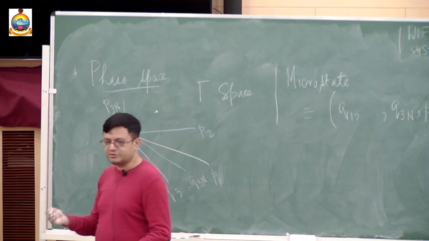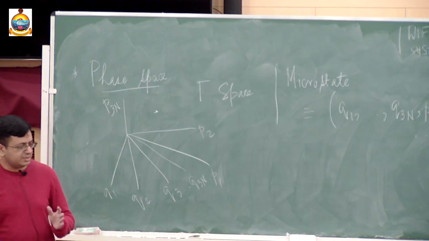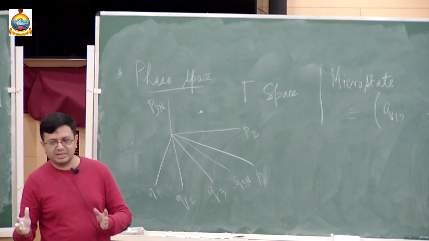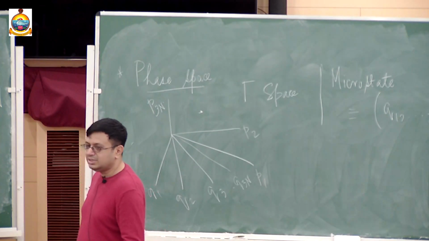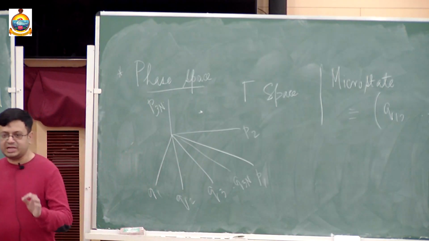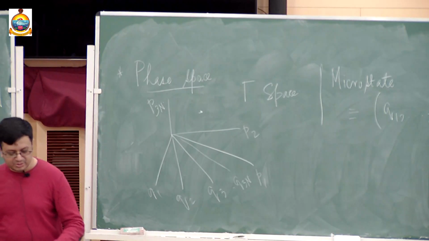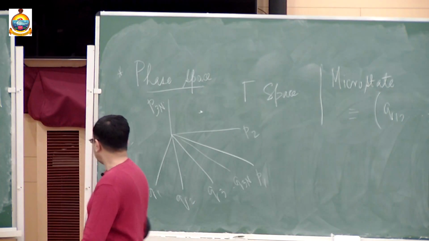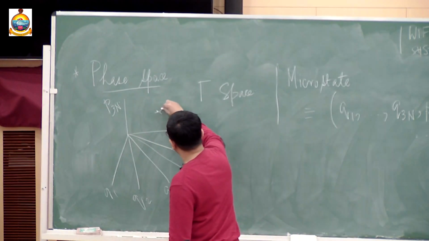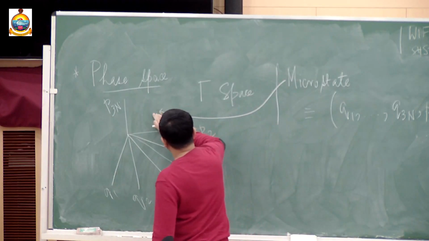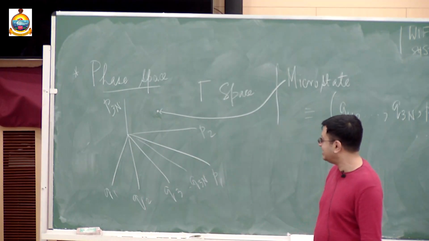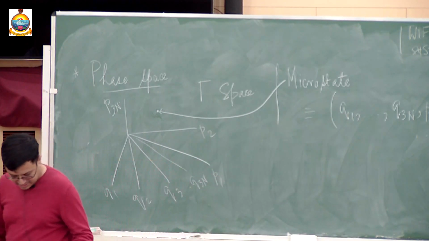This is the most detailed information that you can have about the system: there are 3n generalized coordinates and corresponding 3n conjugate momenta, and I give you the value of each of these 6n generalized coordinates and momenta, and that defines a microstate of the system. A microstate is denoted by a point, not a patch, just a point in this 6n dimensional phase space. That's a microstate.